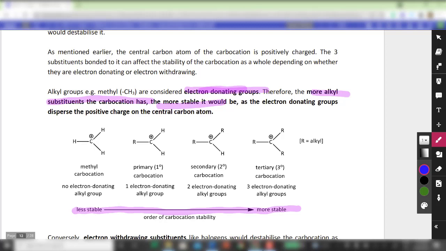Remember that stability is a relative term. It doesn't mean that because the tertiary carbocation is more stable, it will exist for a very, very long time. It just means that it will tend to be formed because the activation barrier leading to its formation is lower.